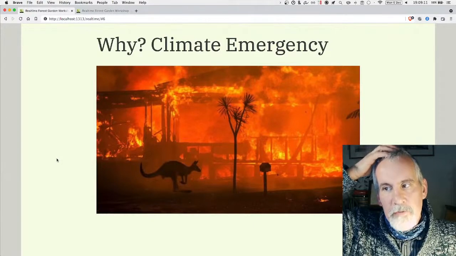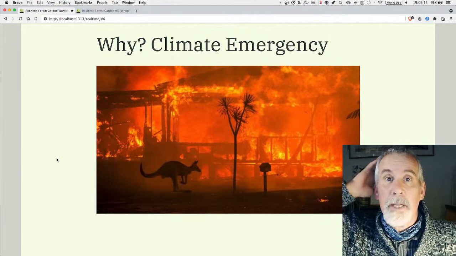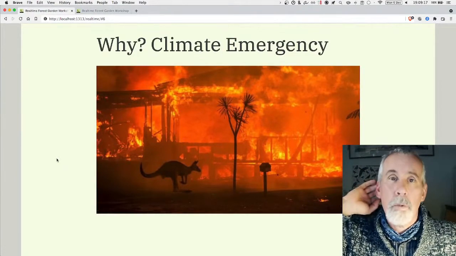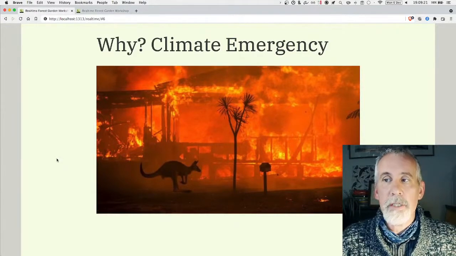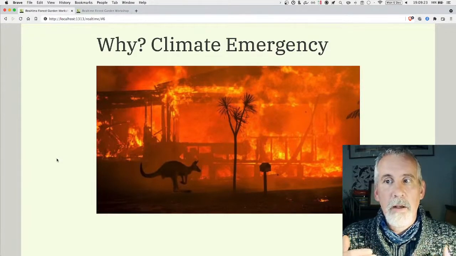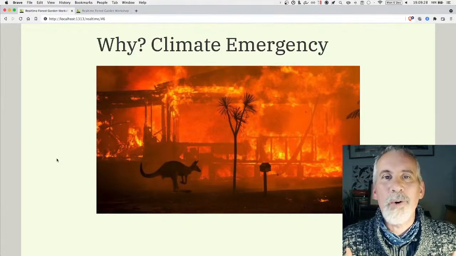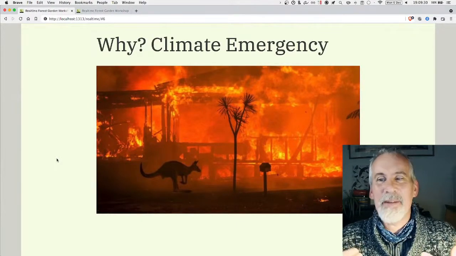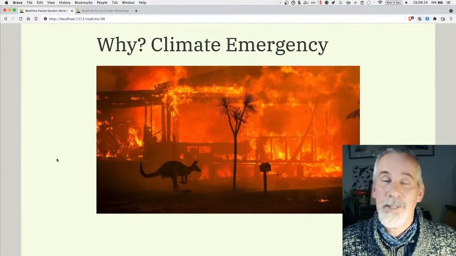And the realization that I had about it was that it takes everybody in all different walks of life to work together. We are all connected. This is not an individual effort. This is a shared effort. It's not my sole responsibility to tackle climate emergency. It's everybody's responsibility to tackle climate emergency and do something about it.